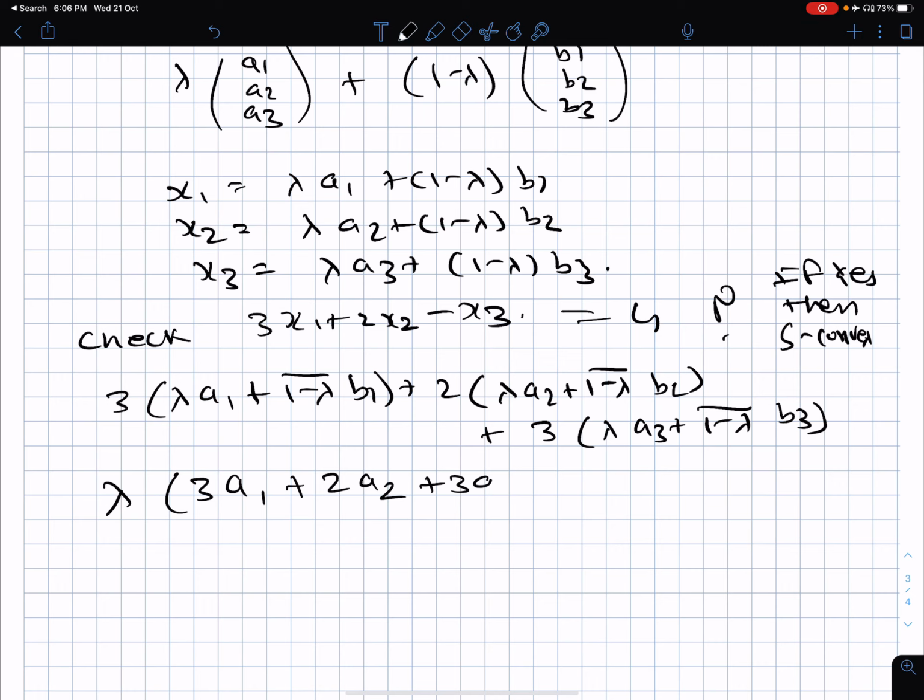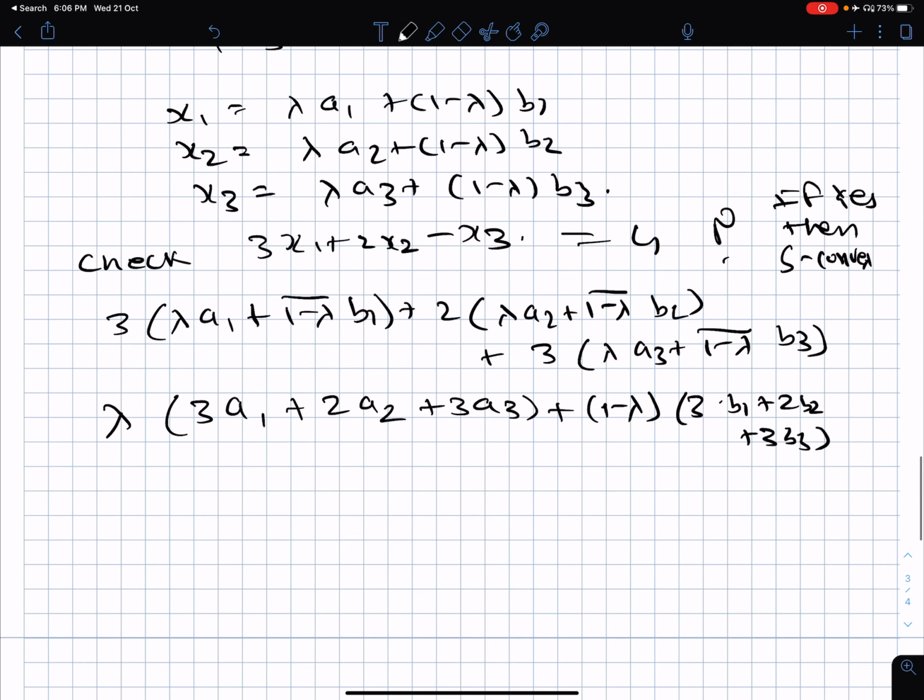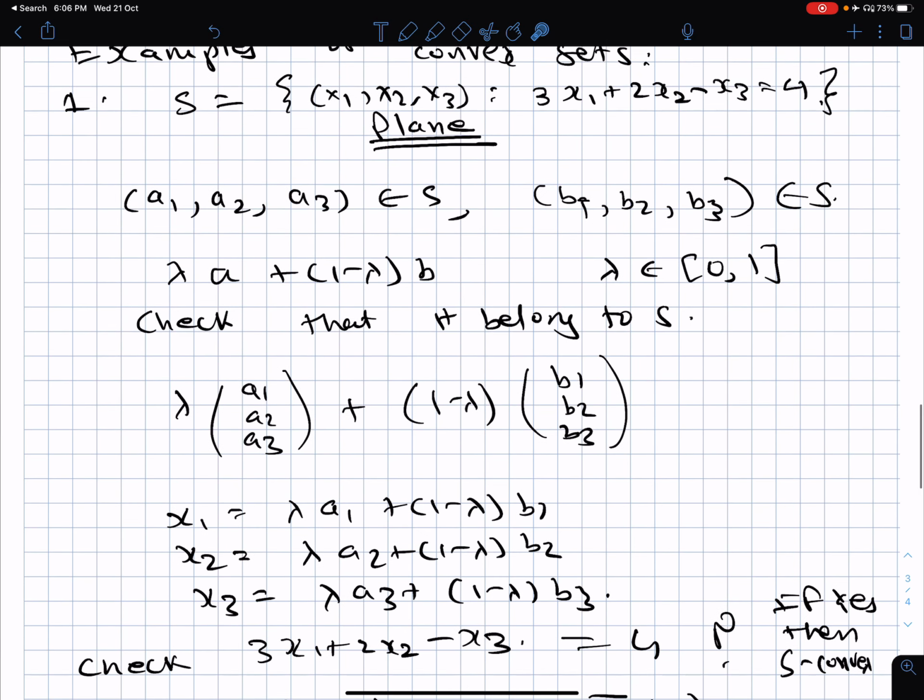Now I will group the terms with 1 minus lambda, so I get 3 times b1 plus 2 times b2 minus b3. And now, you already know this, right? What is 3a1 plus 2a2 minus a3? It is actually 4, is it not?